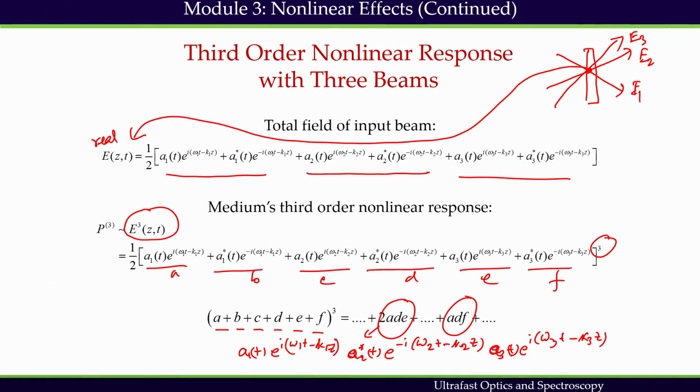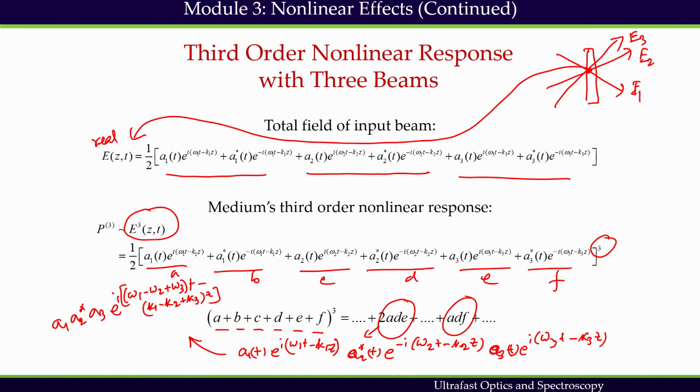So this is my ADE term, which can be reduced to the equation A1 A2 star A3 e to the power i((omega 1 minus omega 2 plus omega 3) t minus (k1 minus k2 plus k3) z).